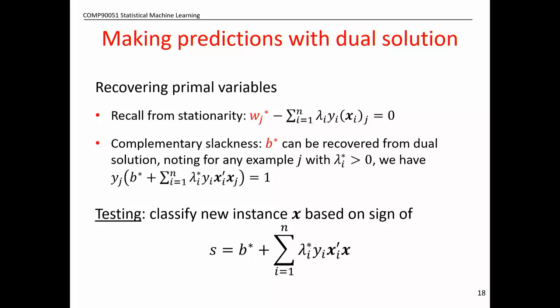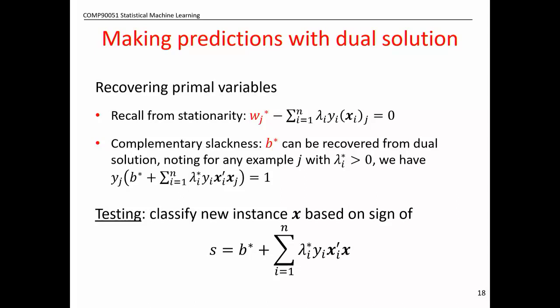So a new test point comes along, and I compare it to every training example by dot product similarity, and the more similar the training examples are, the higher vote they have for their training labels. If you're orthogonal, you get no vote at all. And the more important the training examples are, the bigger the lambda, the more weight they have as well. So there's some intuition as to how we make predictions with this thing.